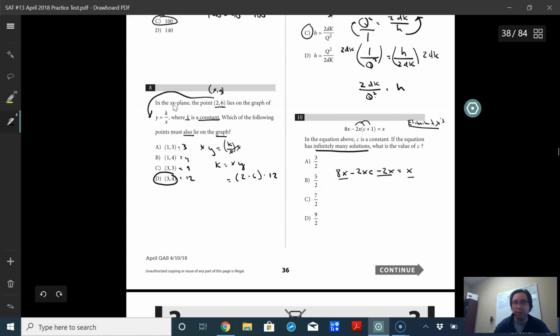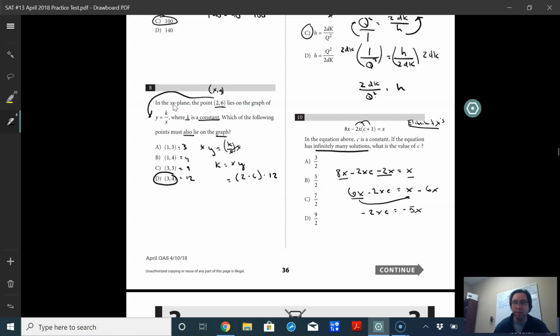So let's simplify this left side first. So now we have 6x minus 2xc equals x. All right. And then we can take this piece and shift it over to here. So now we have minus 6x, because we've got to get rid of this over here. So now we have negative 2xc equals negative 5x.